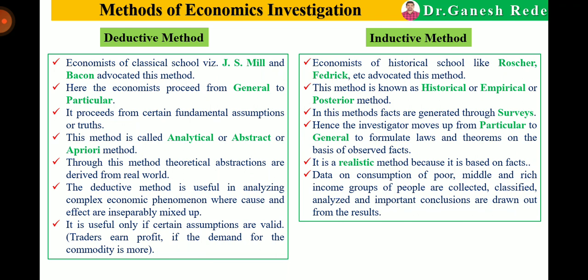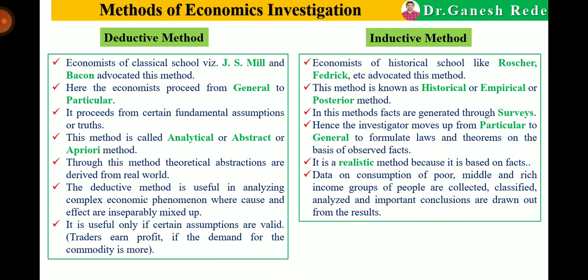The deductive method is also known as analytical, abstract and a priori, while the inductive method, given by the historical school, is also known as historical, empirical and posterior. We have to keep this difference in mind.